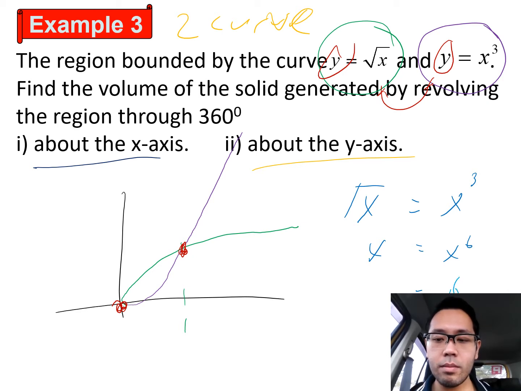So x^6 minus x equals 0. So we can factorize one of the x: x(x^5 minus 1) equals 0. So x equals 0, or if you go further down, x equals 1 only.